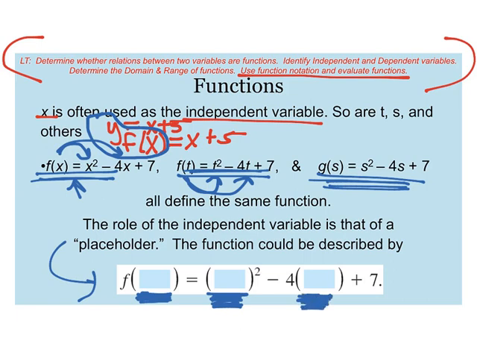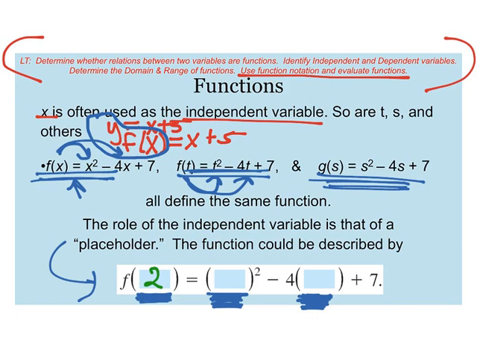So instead of f of x, maybe I want to know, or maybe I will say, evaluate the function when x is 2. So instead of having x written in all of these blanks, I would replace the x variable with a 2.